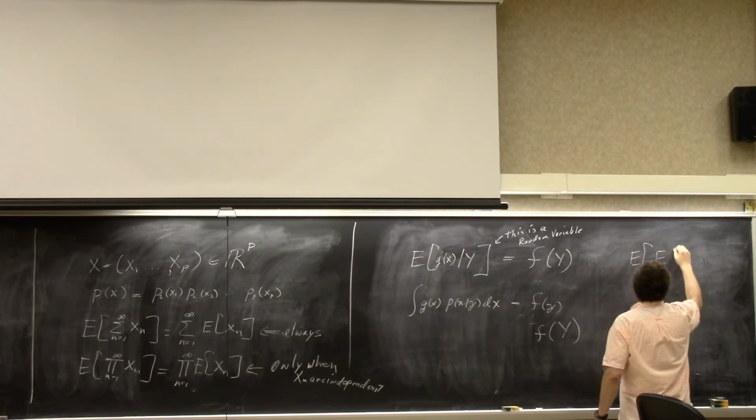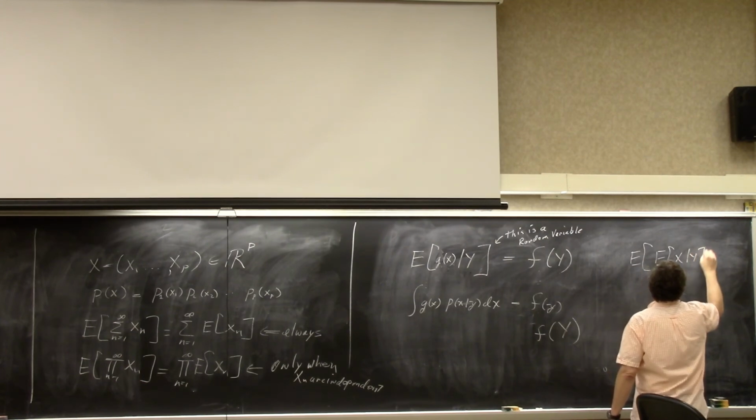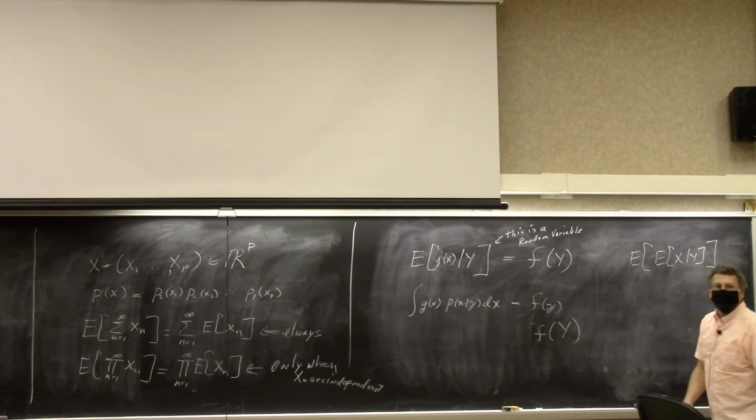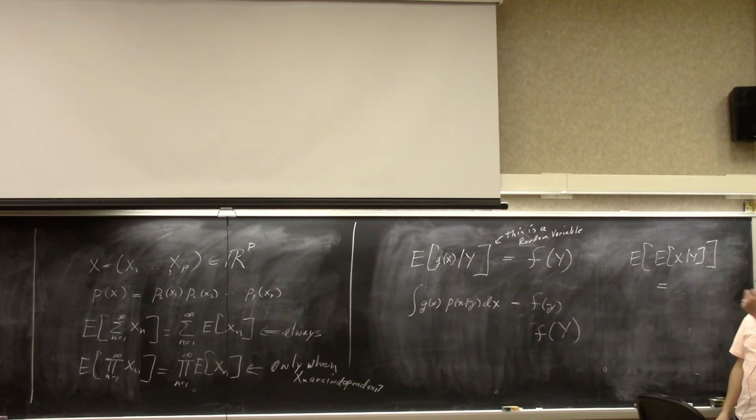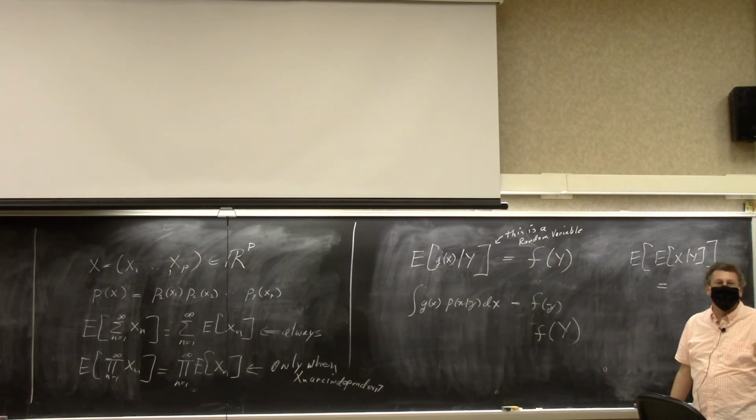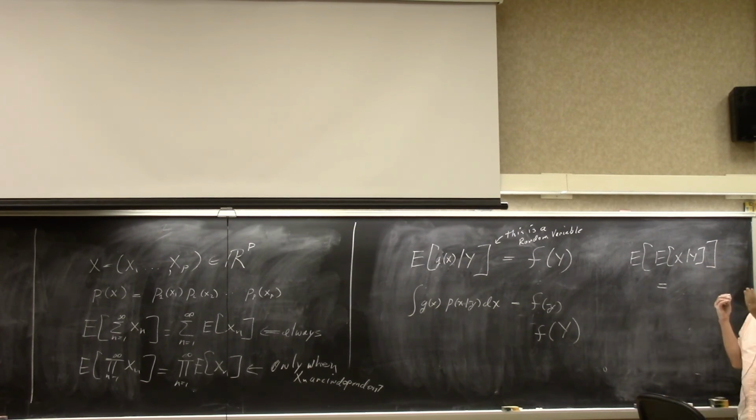So then the question is, what is the expectation of the conditional expectation of x given y? It's a number. That's a true statement, because it's the expectation of something that has to be a number, right? But what specific number is it?